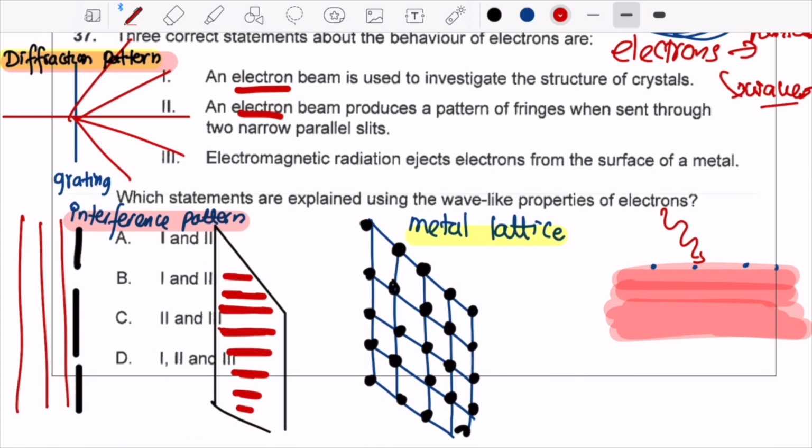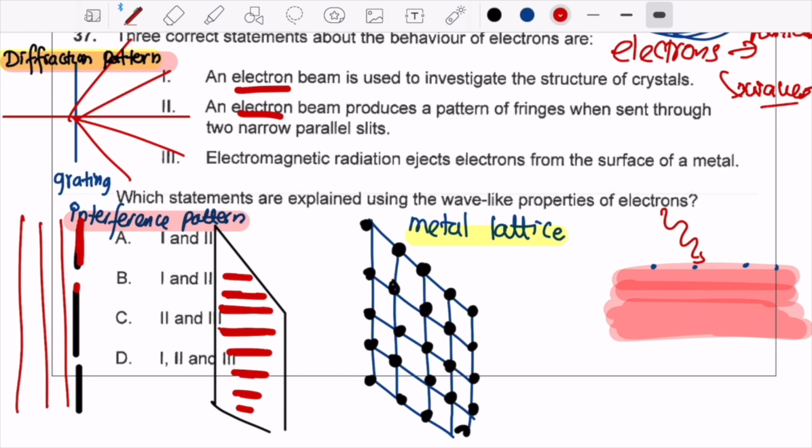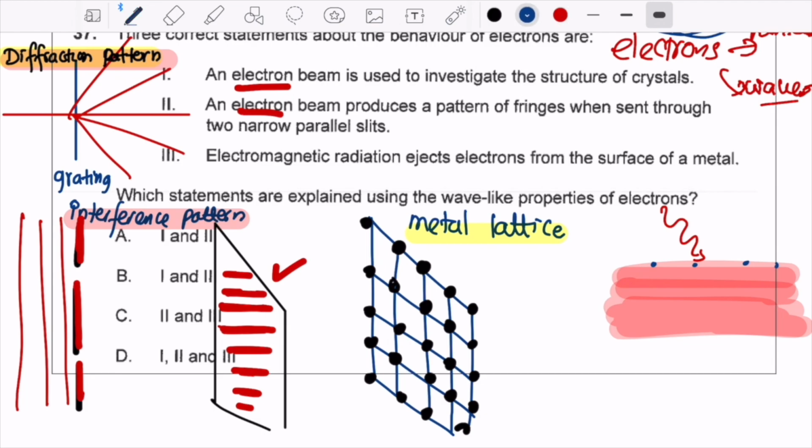Have a look. If you send something through two gaps, and it produces this type of fringe pattern, it means they are interfering. This is called an interference pattern. So if something can do this, it is a wave.